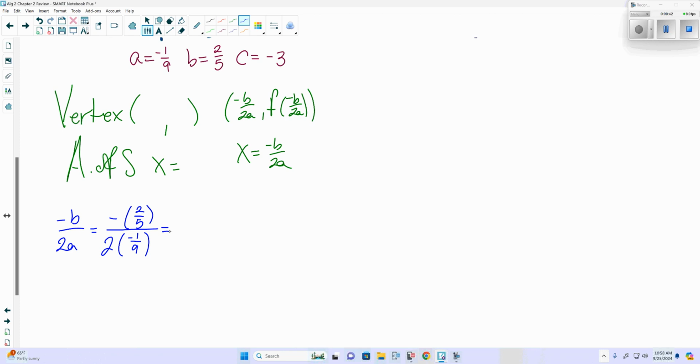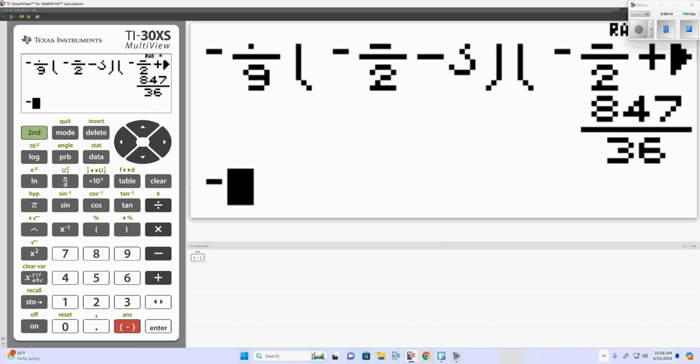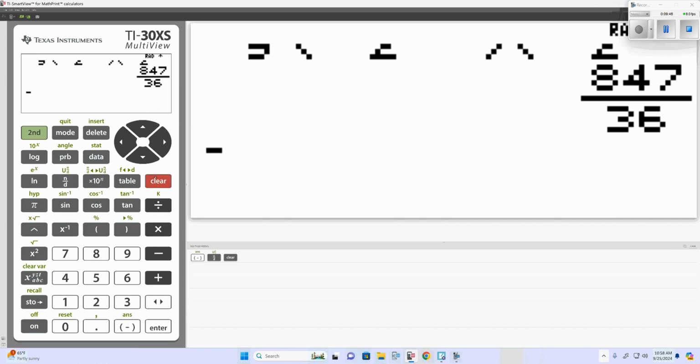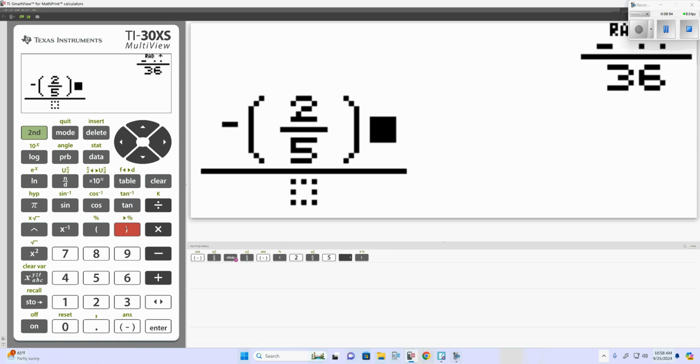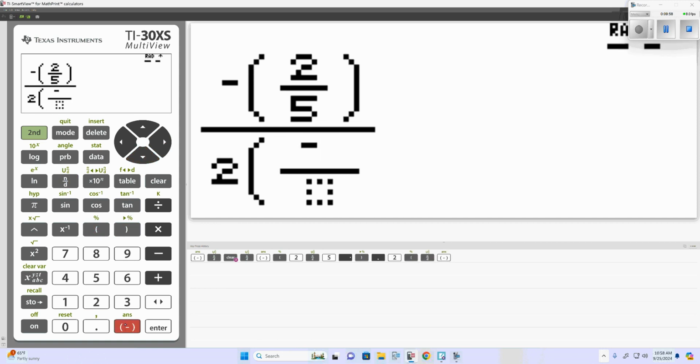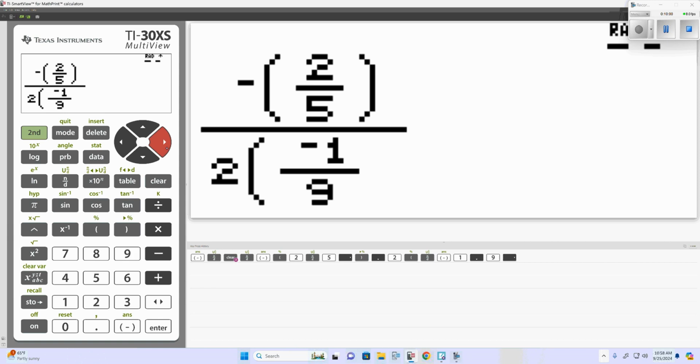At this point here, we can just plug that into the calculator. Negative, well, clear that out. Fraction negative. Our b is 2/5 over 2 parentheses fraction negative 1/9. I'm just going to type that in exactly how it looks when we plug the values in.